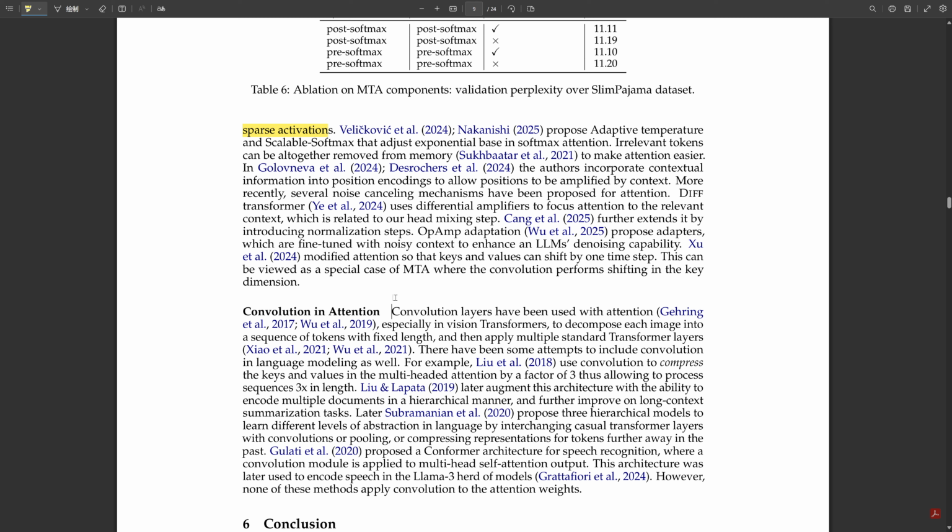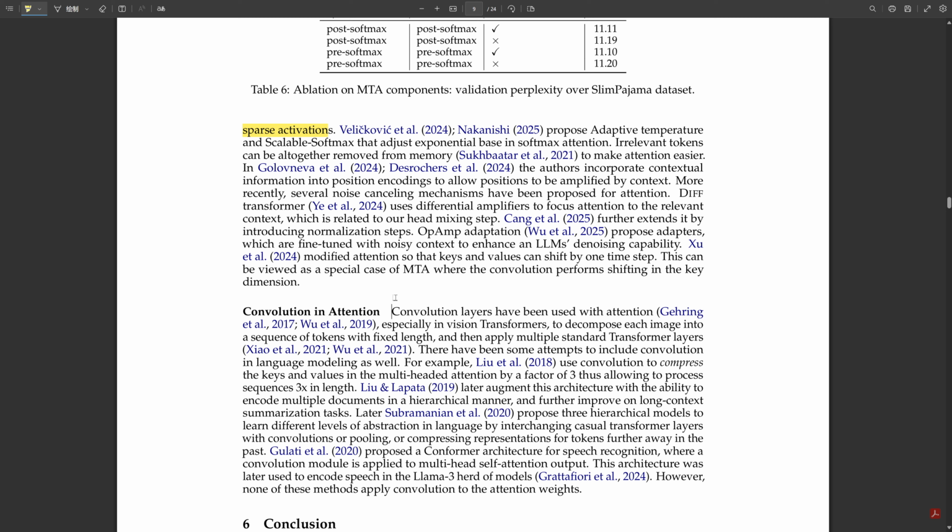Right. As we wrap up here, any final thoughts on the significance of multi-token attention? Why it's such a big deal, innovation-wise? I think MTA is a really important step forward. Okay. It addresses a fundamental limitation of standard attention. Right. By letting LLMs look at those richer multi-token interactions, it allows them to understand language with more nuance and more awareness of the context.